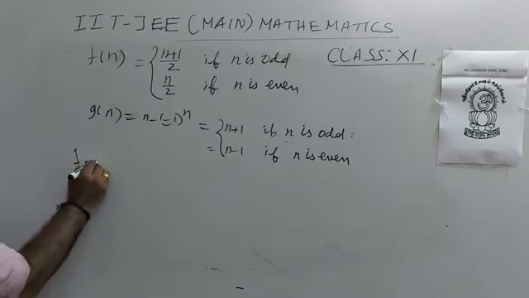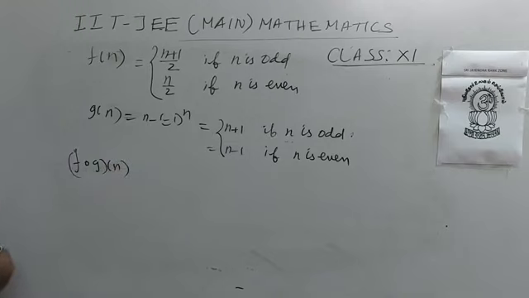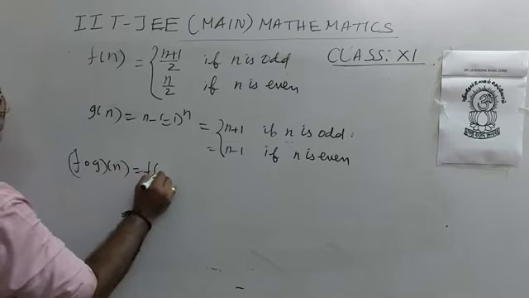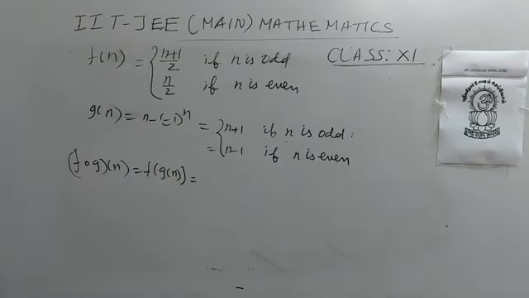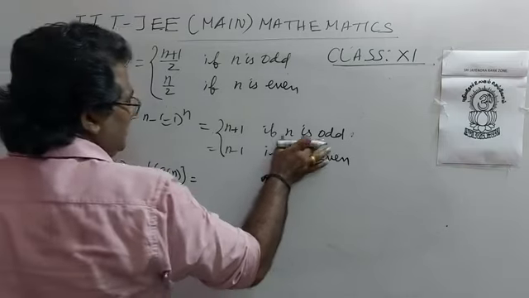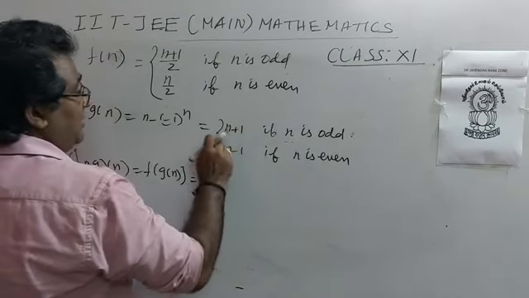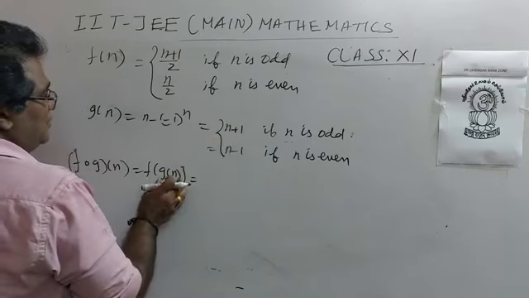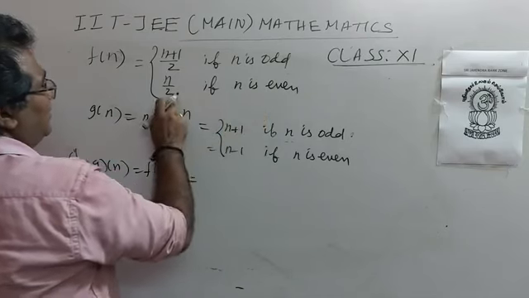Now f of g of n. When n is odd, n plus 1 will be even. So g of n is even. When this term is even, we have to put n by 2.